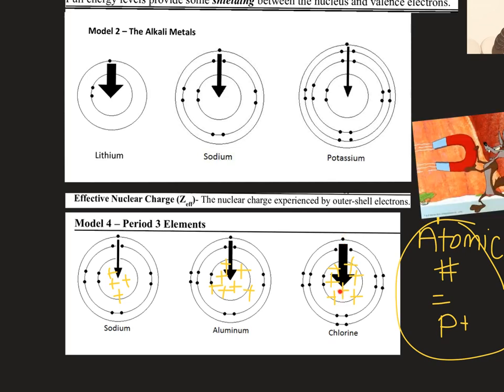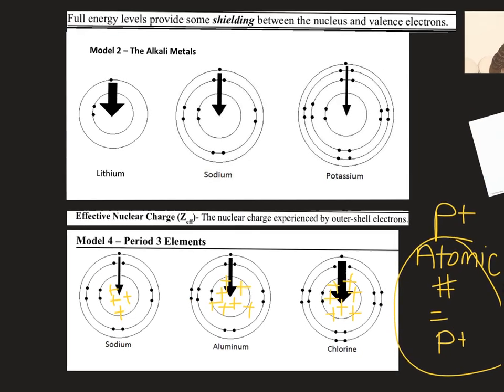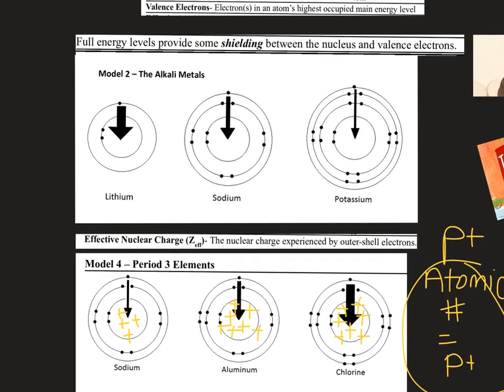So what we're going to see is that's going to shrink things going across. So again, in a nutshell, we have two ideas that all of these trends are going to be based on. And they are that we have shielding effect or layers.